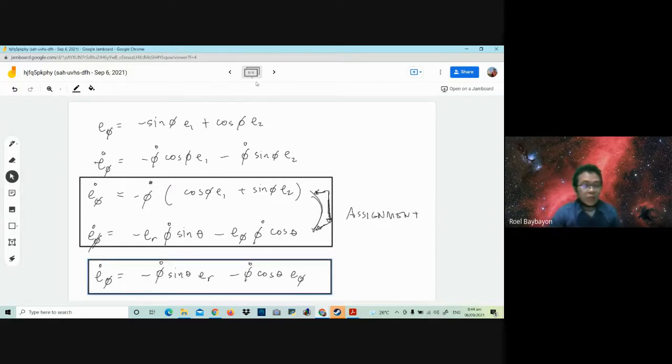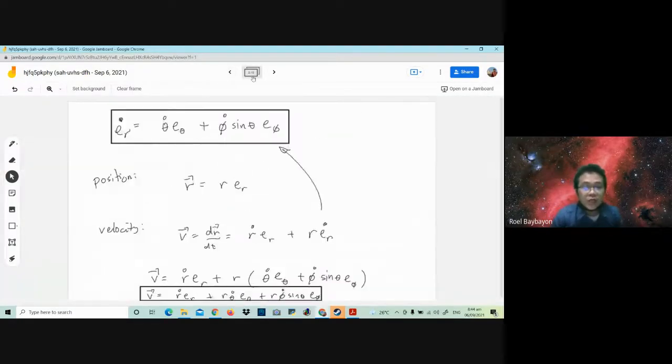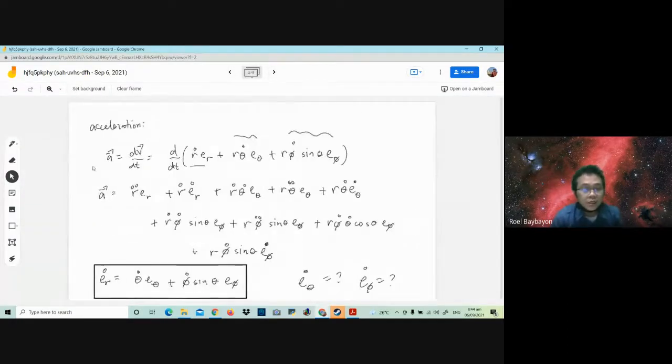So we know ER dot, E theta dot, E phi dot. Therefore the acceleration has 9 terms. If I substitute ER dot, E theta dot here, and E phi dot there, I get my acceleration, which is very long, no?